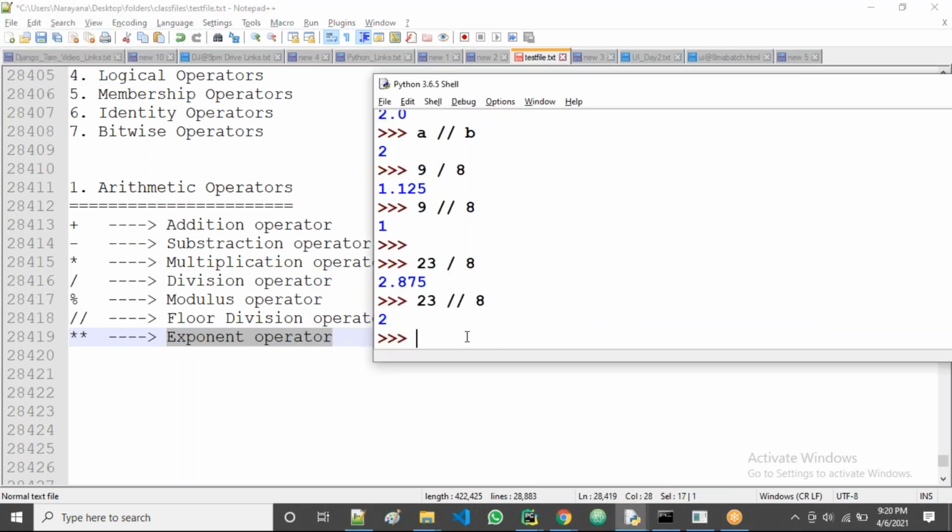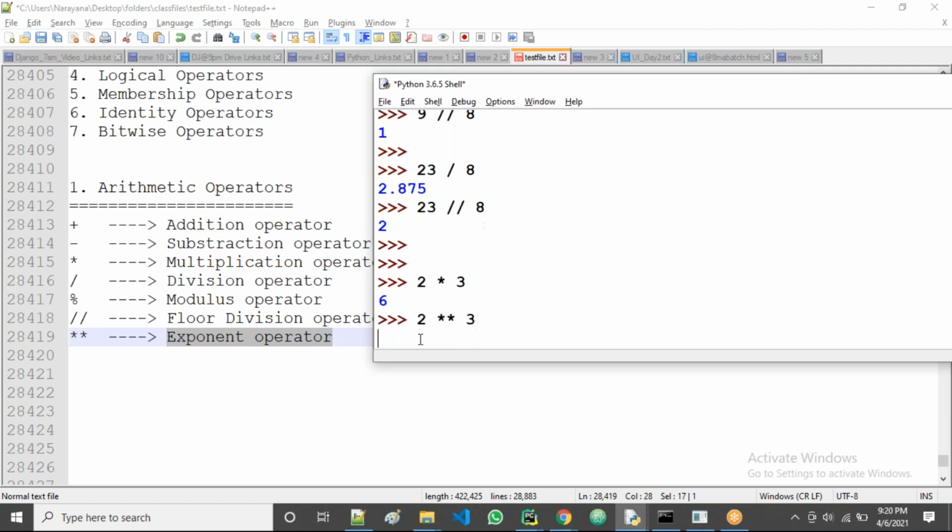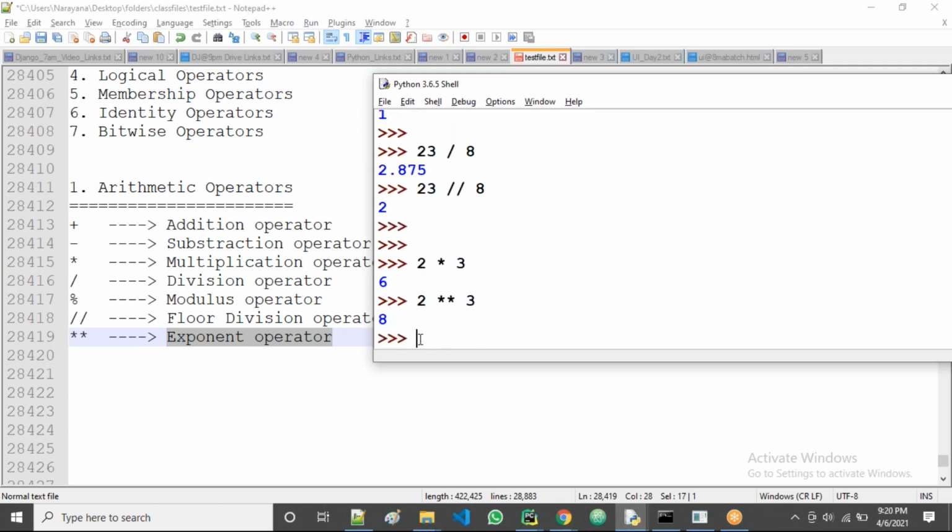Suppose I take 2 exponent 3. If you take 2 into 3, what happens? 2 is multiplied one time with 3. But if you take 2 exponent 3, 8 came. Why?